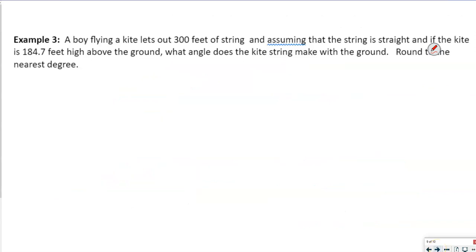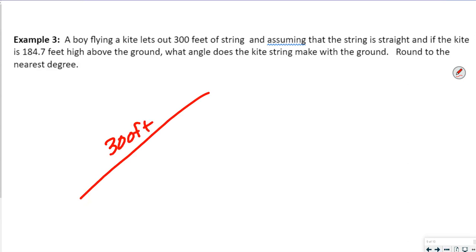All right, so example 3 says a boy flying a kite lets out 300 feet of string, and assuming that the string is straight, and if the kite is 184.7 feet above the ground, what angle does the kite string make with the ground? Round to the nearest degree. Okay, so a boy flying a kite lets out 300 feet of string.